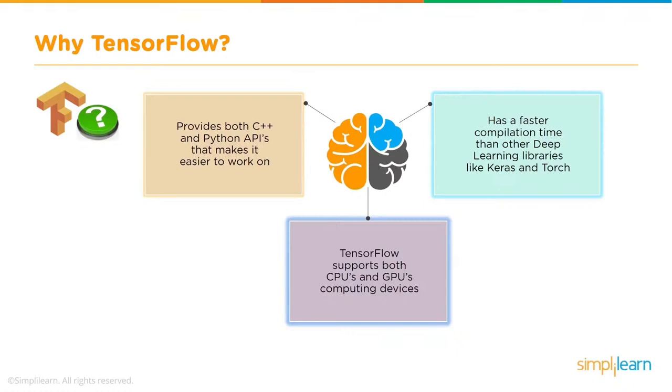So TensorFlow offers APIs. Earlier, when none of these libraries were there, even then people were doing machine learning and deep learning, but the coding mechanism was much more complicated.